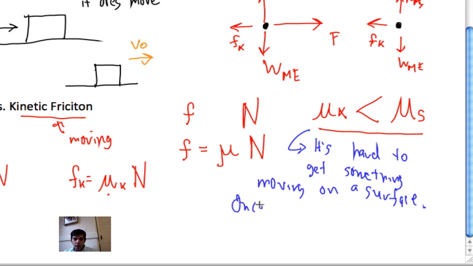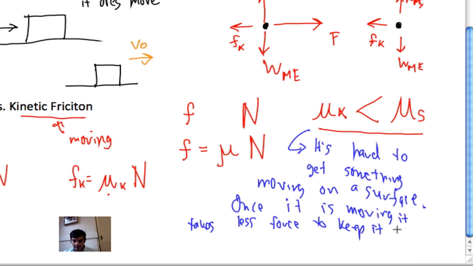But then once it is moving, it takes less force to keep it moving than it took to get it moving in the first place.